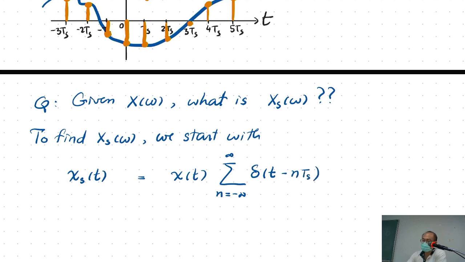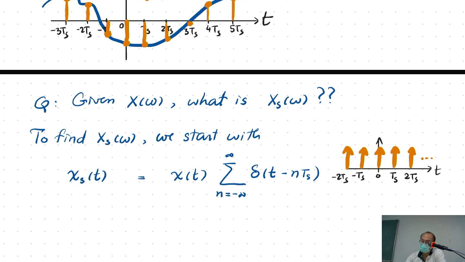You remember this impulse train, right? Let me draw that for you. This is the impulse train I'm talking about. The spacing is Ts, 2Ts, 0, minus Ts, minus 2Ts, and so on.